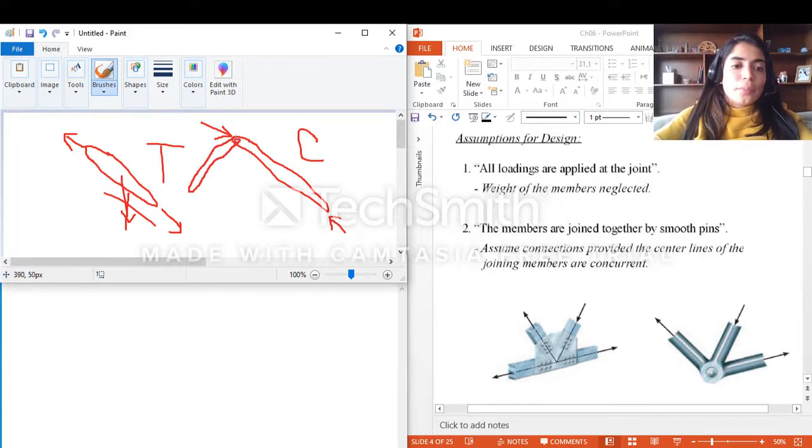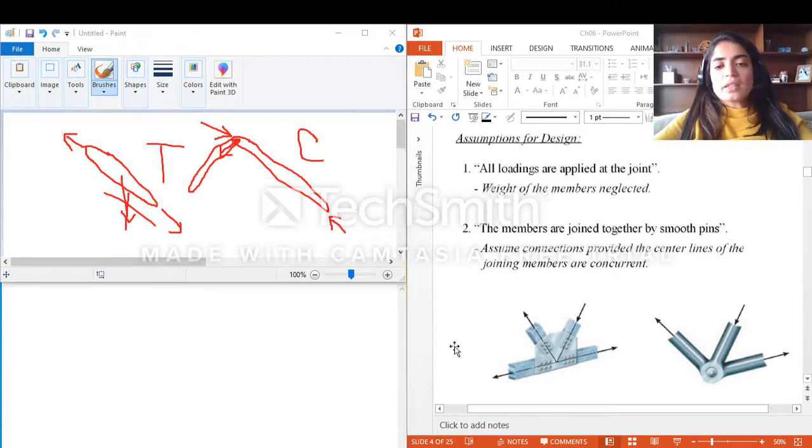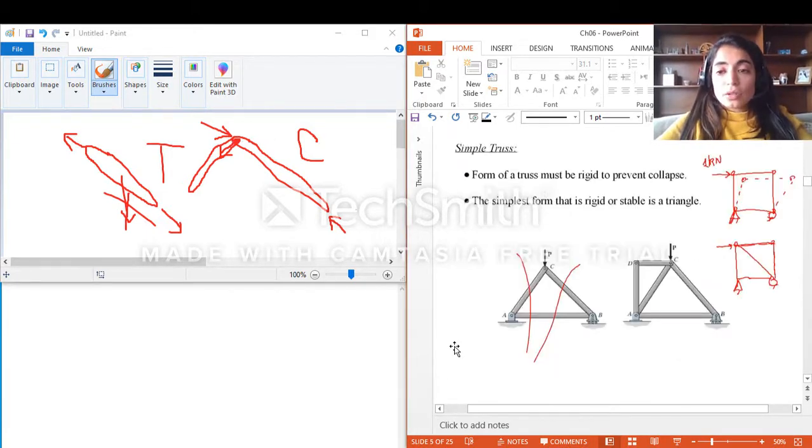If I have a pin here, then the second assumption states basically that the second force, which is developed in the second member, is also intersecting this force at this point, which means that all the forces on the joint are concurrent.